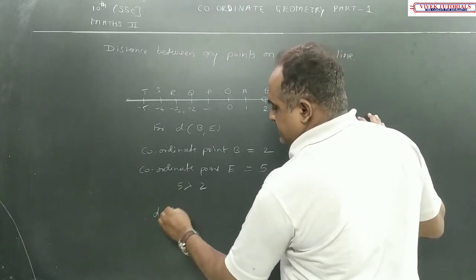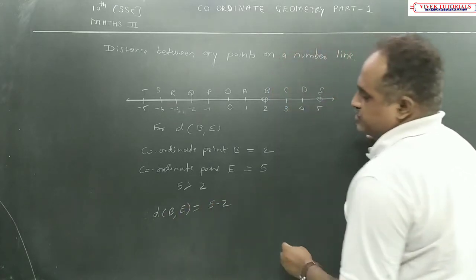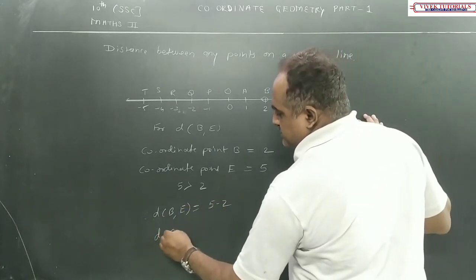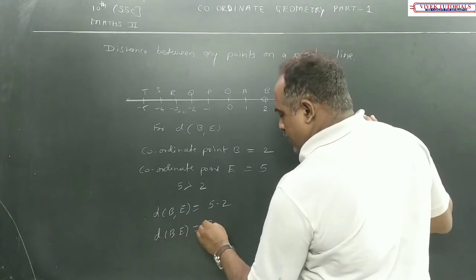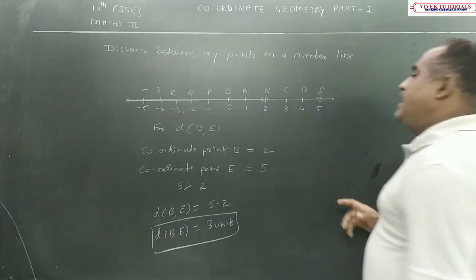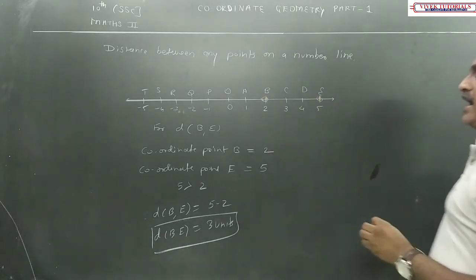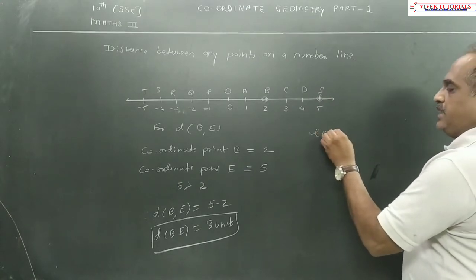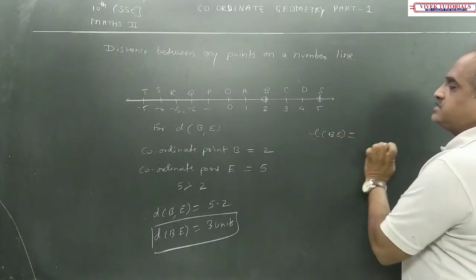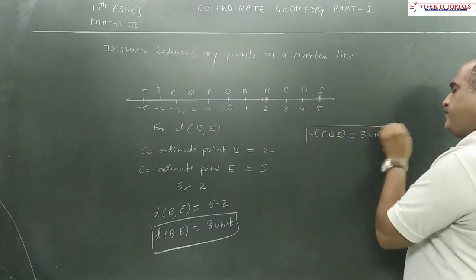Therefore, distance BE is equal to 5 minus 2, or distance BE is equal to 3 units. Now, if I am considering this as a segment, so what I can write, length of segment BE is equal to 3 units.